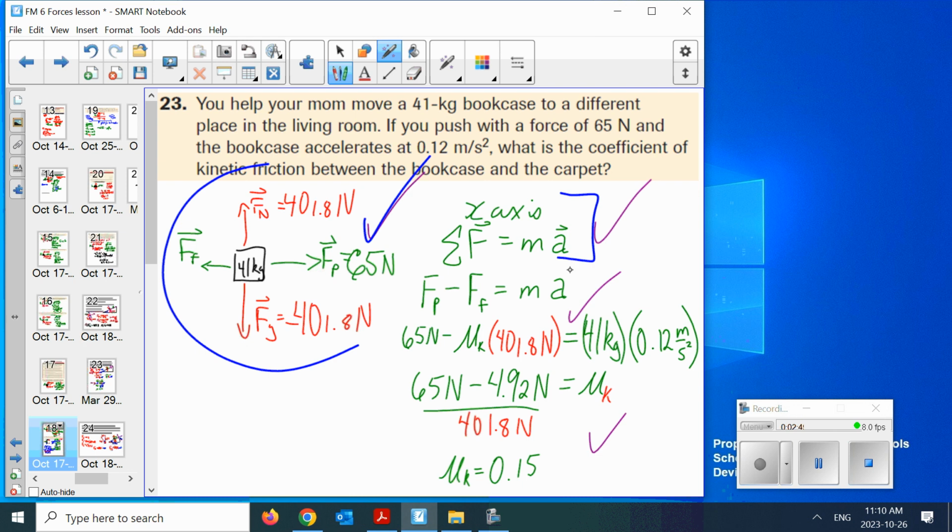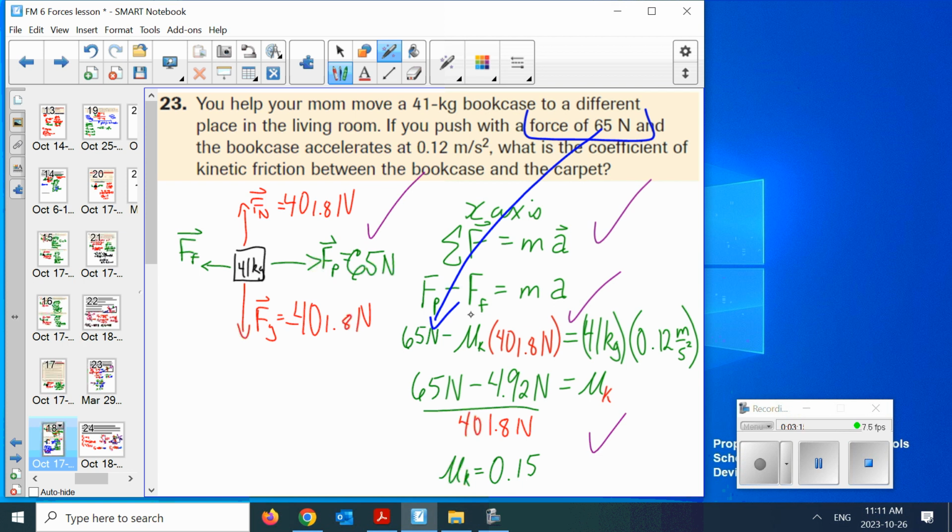We're working in the x-axis. Then in the x-axis, and I coded it green, I'm saying that the friction is the subtracting, it's the left force. That part you understand? So then I say, well, the pushing force, push with a force of 65 newtons. That makes sense?